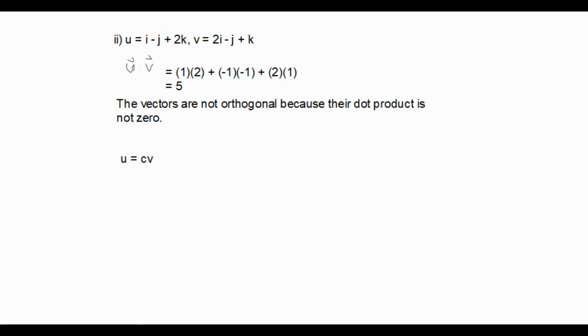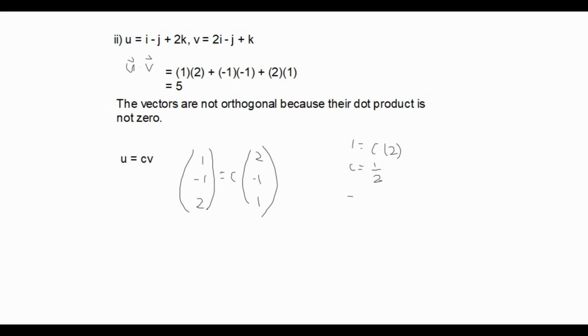In this case, u is 1, -1, and 2, and we'd like to check for c, so we're not sure, and then 2, -1, and 1. So we'll take the first one, 1 equals c times 2, so in this case c is half, 1 over 2.